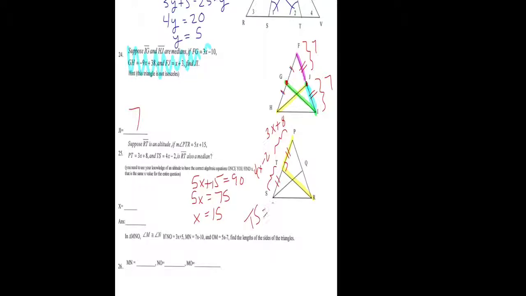So T to S is 58. Then plug it into TP for x. So 3 times 15 is 45, plus 8 is 53. So in order to be a median, this segment here would have to be identical to that segment there, and one's 58, one's 53, so no, it is not a median.